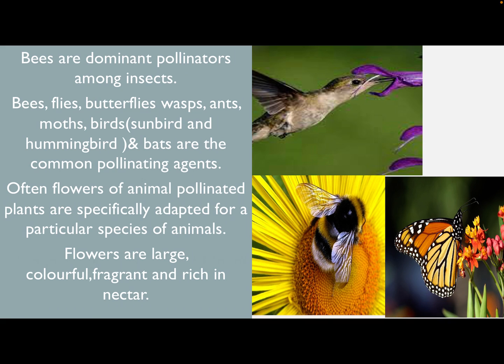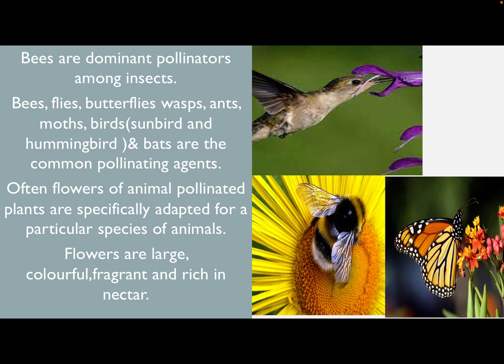You can see here in this hummingbird, it's a bell shaped flower. It is adapted for this bird. This bird has a very long and very fine needle like beak. So this flower and this bird are adapted. This bird cannot pollinate other flowers. It is adapted for these kinds of bell shaped long flowers.